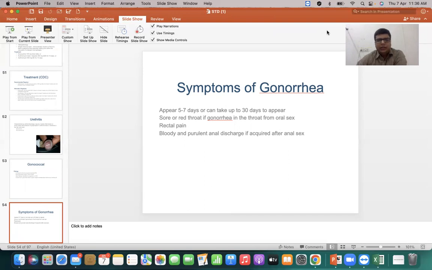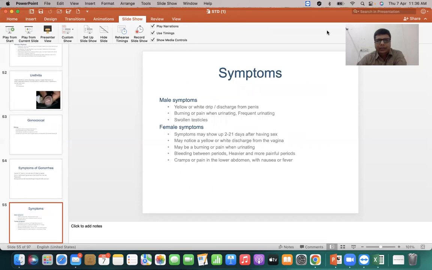Sore or red throat in gonorrhea, and throat of oral sex workers, rectal pain, bloody and purulent anal discharge if acquired after anal sex. Symptoms in males: there will be yellow or white discharge from the penis, burning or pain while urinating, and swollen testicles.